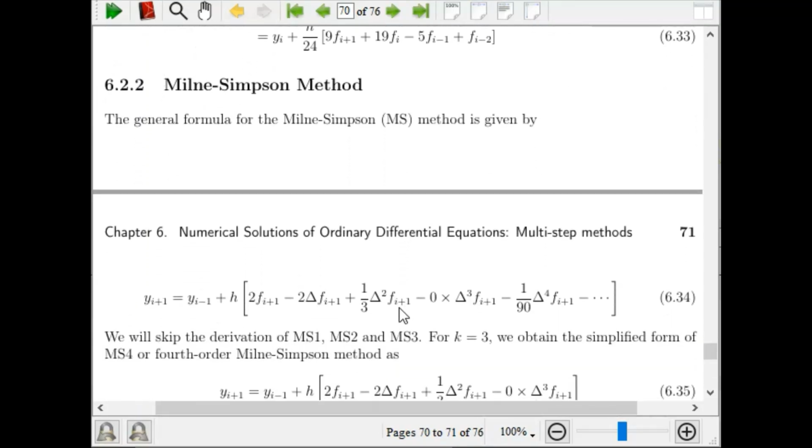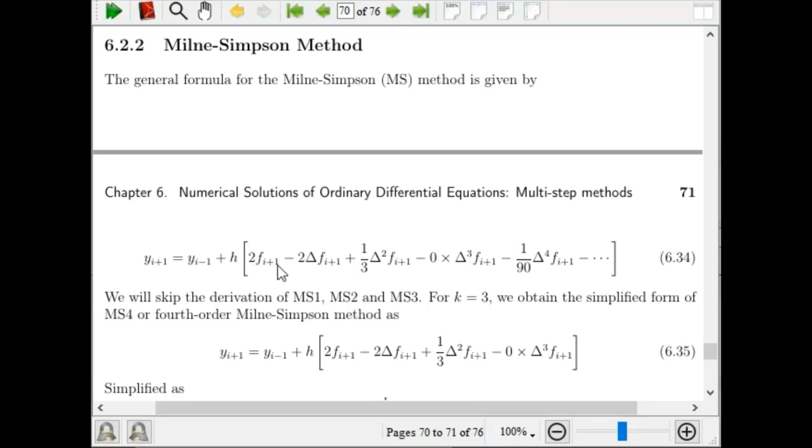Similarly, there is a general form of the Milne-Simpson method. Also, depending on where you are truncating, here we have MS1, when we truncate here we have MS2, here we have MS3, here MS4, and here MS5. But note that this is 0, so our MS3 and MS4 usually give us the same solution.